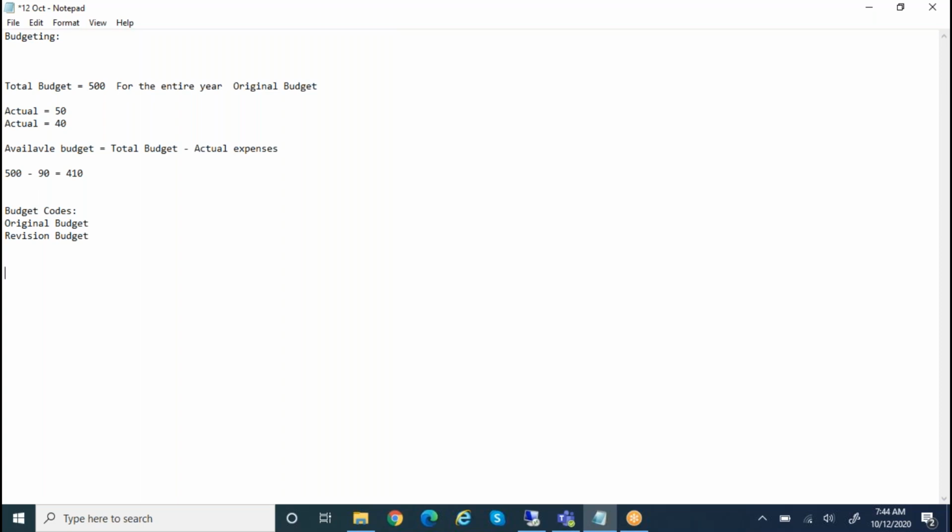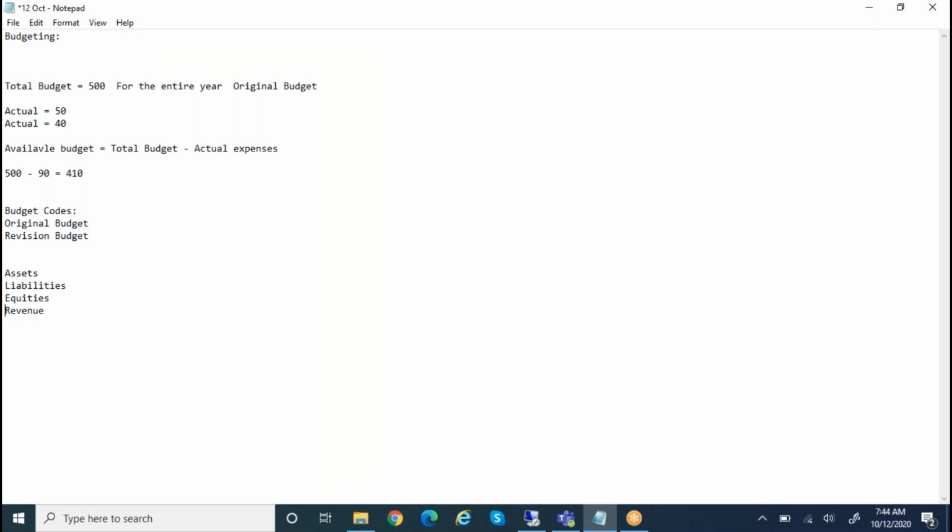Okay, the chart of accounts is classified into assets, liabilities, equities, revenue accounts and expenditure. Am I right?